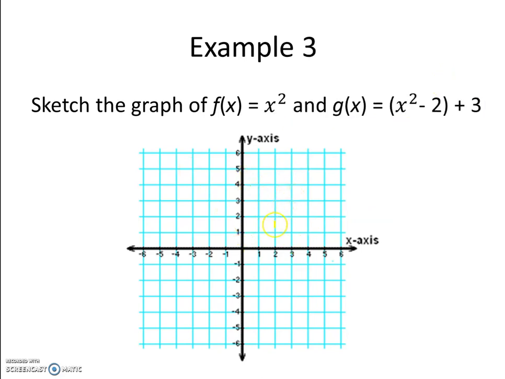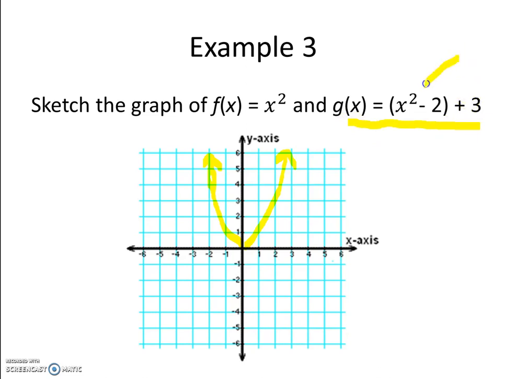Sketch the graph again of f of x equals x squared. We know from the first one that it looks like a smile going open like that. So if we have this smiley, that is the graph of x squared, what happens when we're doing all this stuff?